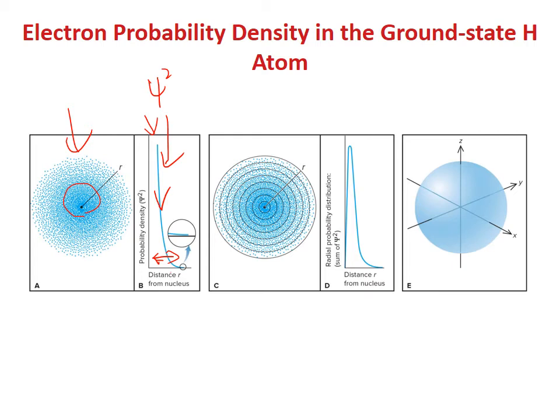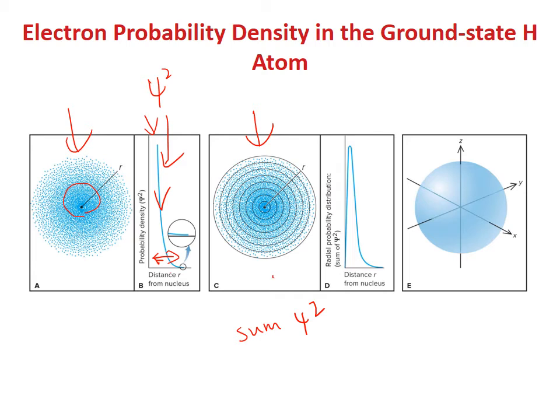Now this diagram is called a radial probability distribution plot. We first mentally divide the volume around the nucleus into thin, concentric, spherical layers, like the layers of an onion. Then we find the sum of psi squared values in each layer to see which is most likely to contain the electron.